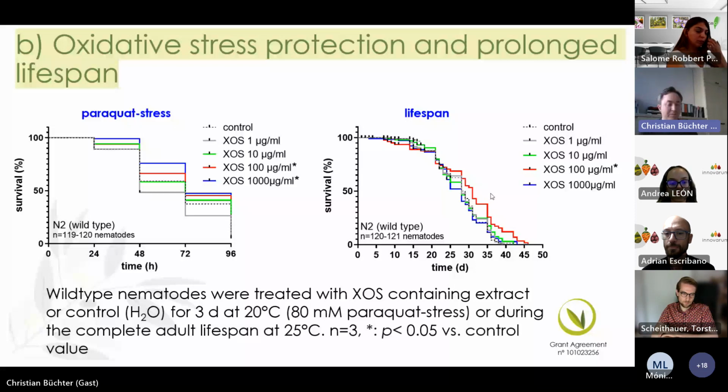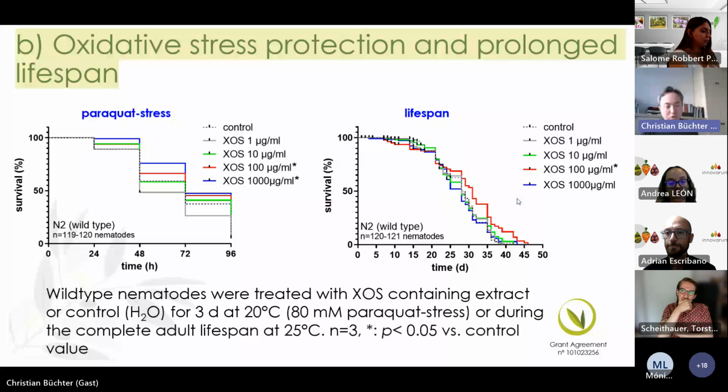And here we also found that this extract in certain concentrations protected the animals for a certain amount of time. And lastly, here on the right side, you can see lifespan experiments in the wild type, where one concentration of this extract induced a prolongation of the lifespan of the nematodes.